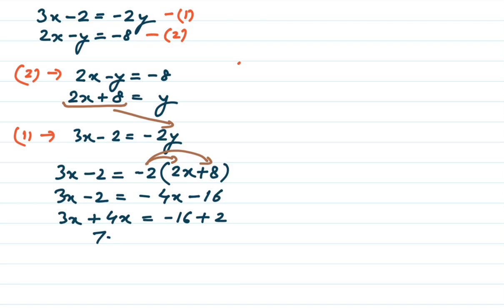So this is going to be 7x, and this is going to be negative 14. So 7x over 7, negative 14 over 7. You're going to get x as negative 2.